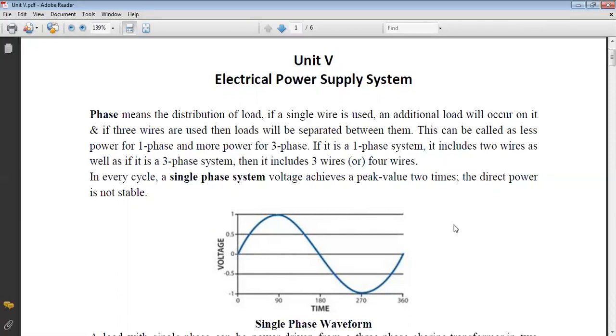Before that, let us take a small idea about phase. We have already studied the word phase in module 2. So what do you understand by phase? In that module, we studied that phase is the specific angle at which the alternating current crosses the zero axis. Electrical power is continuous, so for calculation purposes we take an imaginary line, the zero axis.